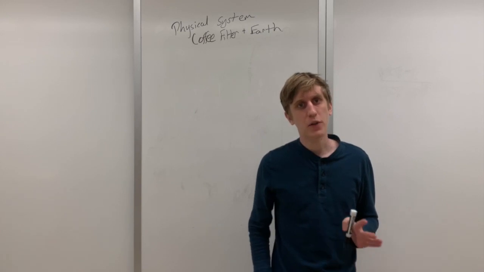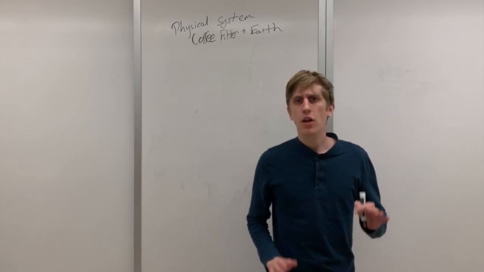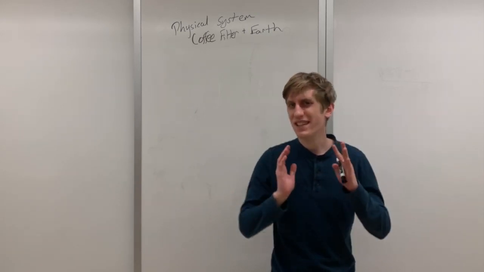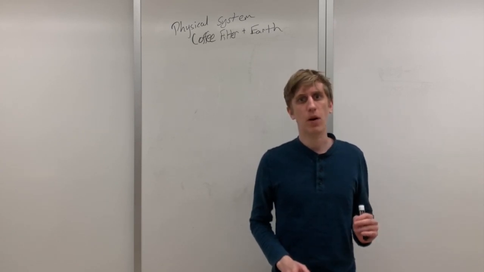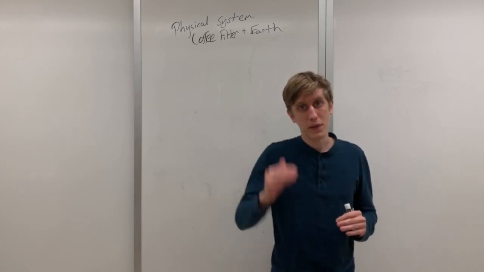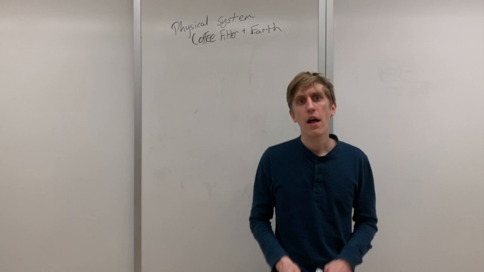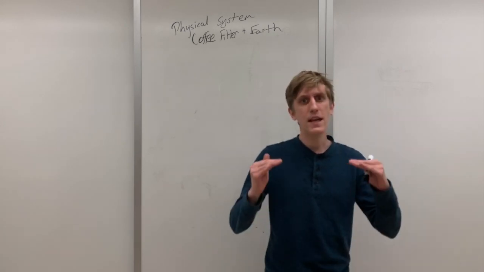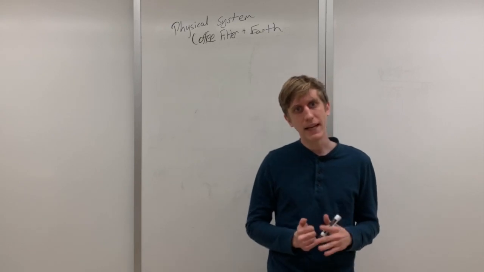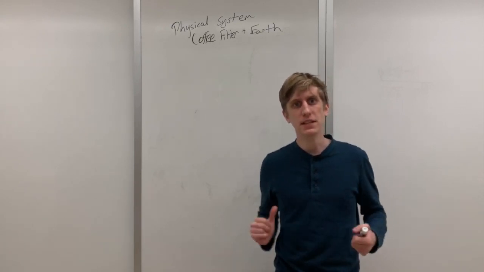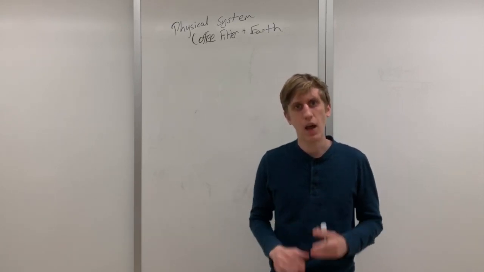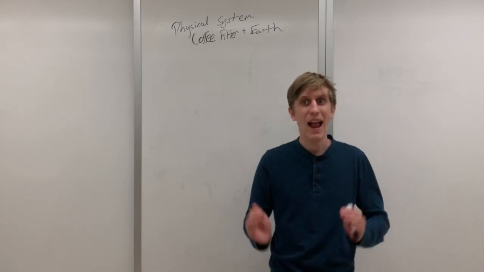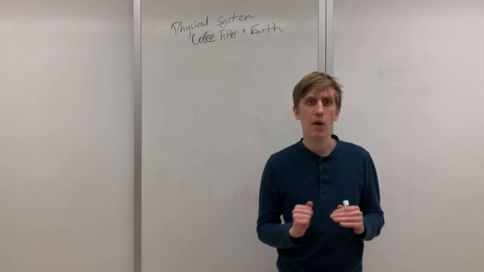Now let's think about the coffee filter. Remember, the coffee filter was a little bit different from the golf ball. Unlike the golf ball, which sped up as it fell, the coffee filter only sped up for about a second or so, and then traveled at a constant speed. For the purposes of this example, we're just going to analyze the motion of the coffee filter after that first second of fall.